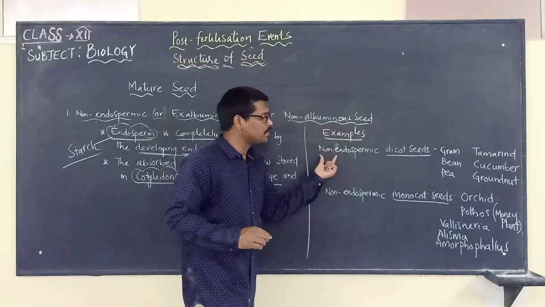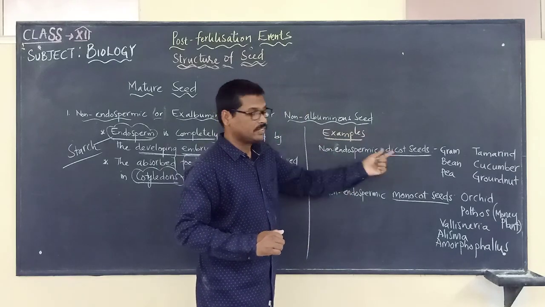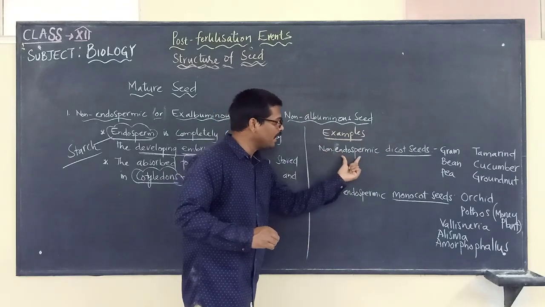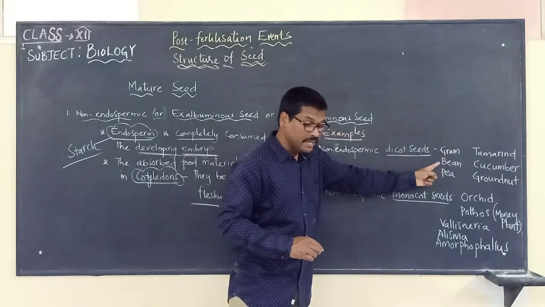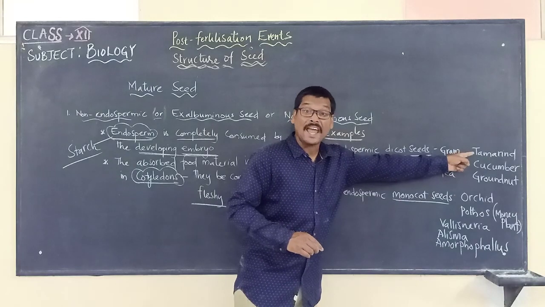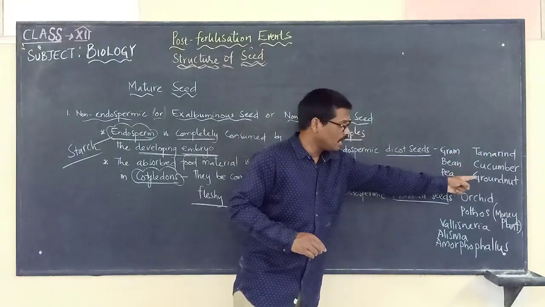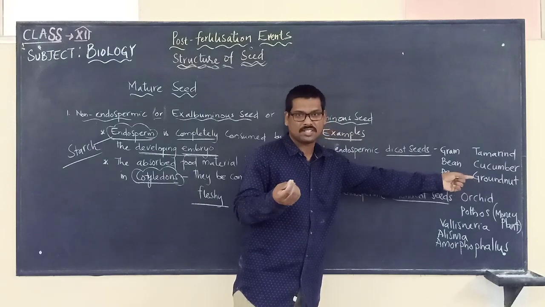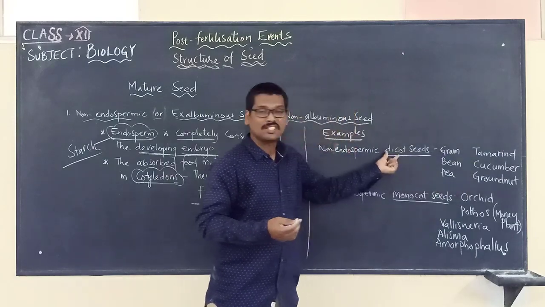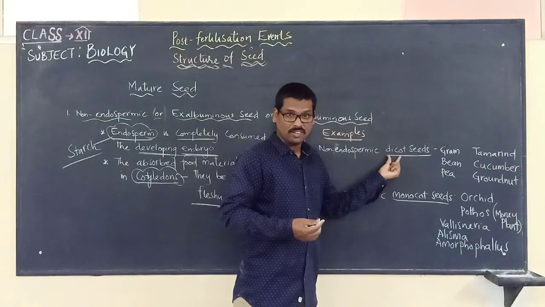What are the best examples of non-endospermic dicot seeds? They are gram, beans, peas, tamarind, cucumber and groundnut. Groundnut is commonly called peanut. All these are dicot seeds.